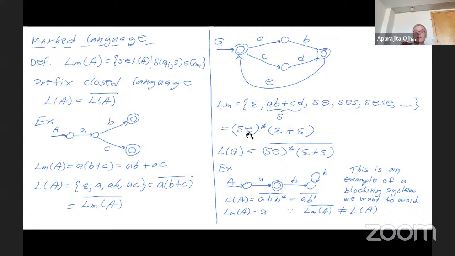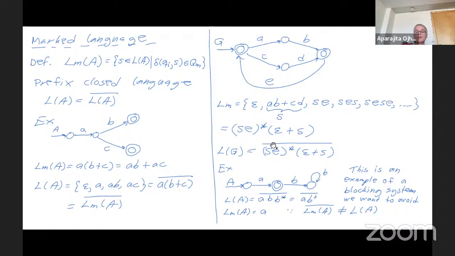So either you write S epsilon followed by SE star, or like here, you write first SE star, generating all loops, and then you also add the transition from this marked state to this marked state. And this is the complete marked language.